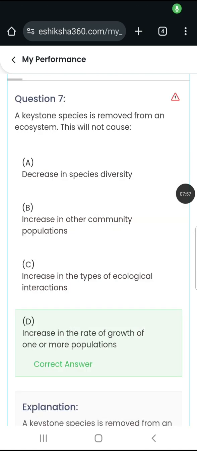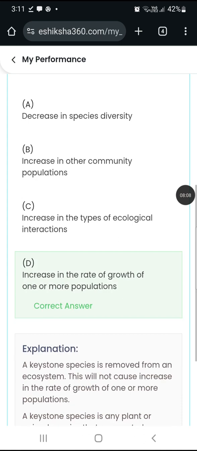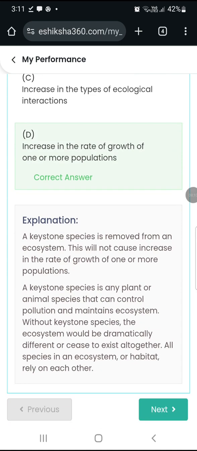A keystone species is removed from an ecosystem. This will not cause an increase in the rate of growth of one or more populations. Explanation: a keystone species is removed from an ecosystem. This will not cause an increase in the rate of growth of one or more populations.